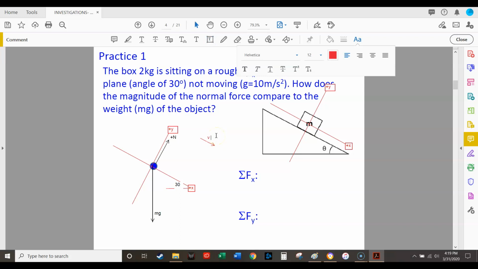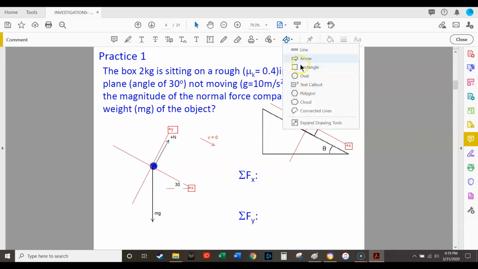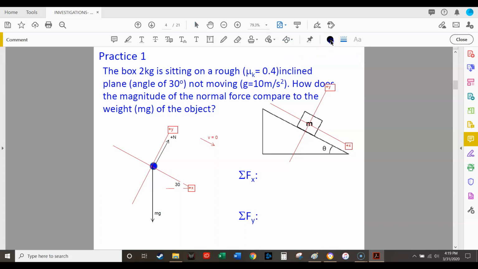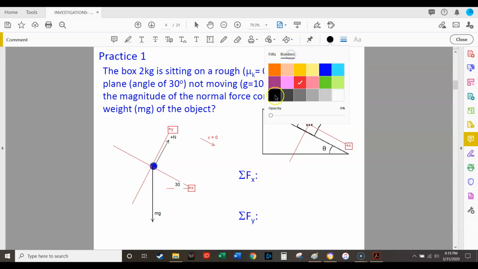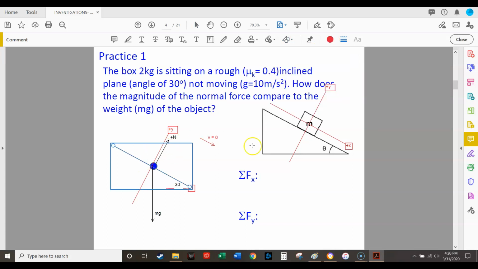I'm just going to put v is equal to 0. This sounds a little bit weird, and I put an arrow there. But if it were to move, it'd be moving down the plane. That means the friction vector is pointed up the plane. And the friction vector is going to be parallel to the surface.